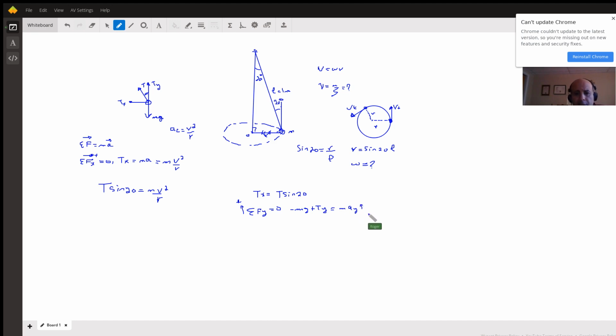Now, what are things here you have to basically identify? The acceleration in the y direction is zero because the ball is suspended. It doesn't move down, it doesn't move up. Therefore, the acceleration here is zero, which makes this equation minus mg plus Ty equal to zero, and Ty equal to mg.